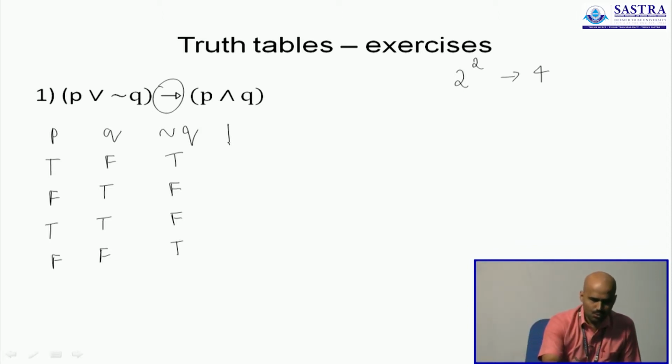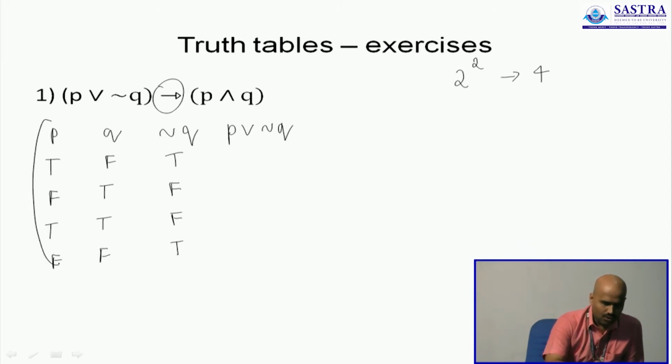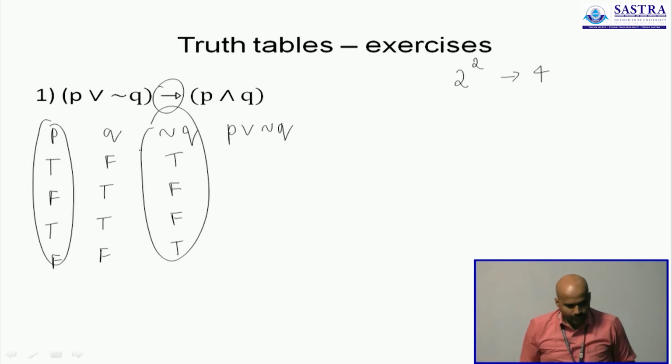Now you're supposed to do a disjunction of the negated version of Q with P. So we are focusing on columns 1 and 3. It's easy to lose focus and compare the two wrong columns, so we'll always highlight them. So we're comparing columns 1 and 3, and we are submitting them into this connective called the disjunction.